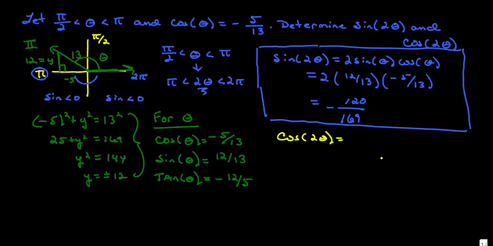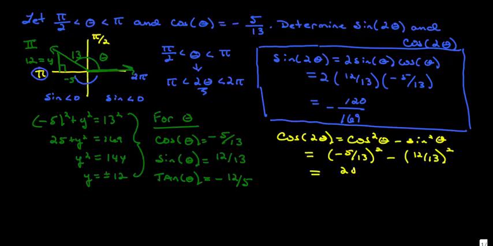So we want to calculate the cosine of 2 theta. Well, we've got 3 different formulas to use for that. All of them, in this case, are going to be easy. So I'll use cosine squared minus sine squared. So we know cosine of the angle is negative 5 over 13 squared minus the sine of the angle is 12 over 13 squared.